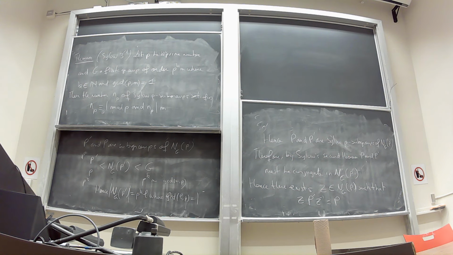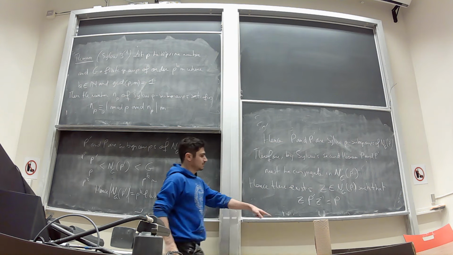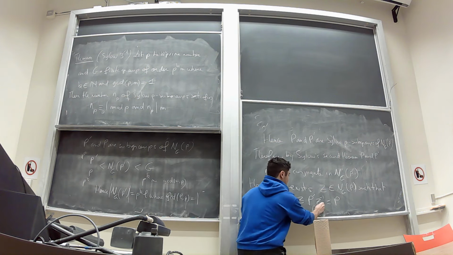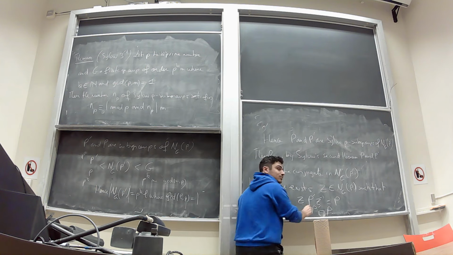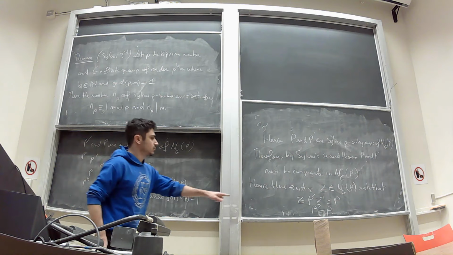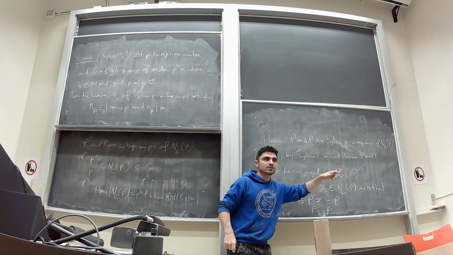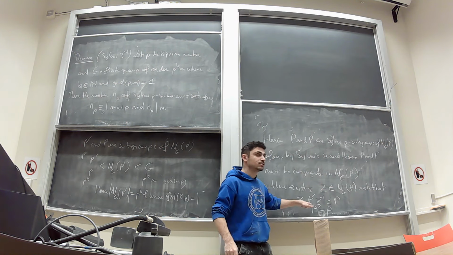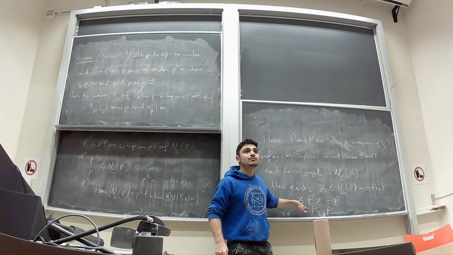Now if z belongs to N_G(P prime), what is z P prime z inverse? P prime. Hence z belongs to the normalizer of P prime, so z P prime z inverse is equal to P prime. Okay?